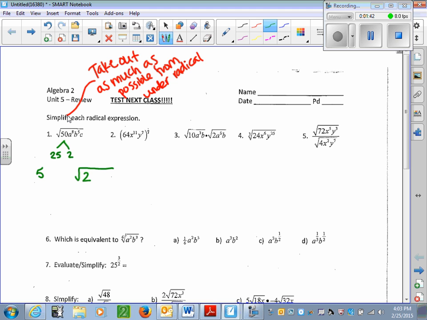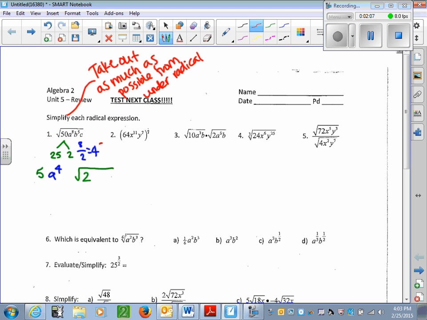Remember, to figure out how many a's we can take out, we take the exponent of 8 and divide it by our index, which is a 2. 2 goes into 8 4 times, so 4 a's will come out front and join that 5. Then the last one, b to the 5th.